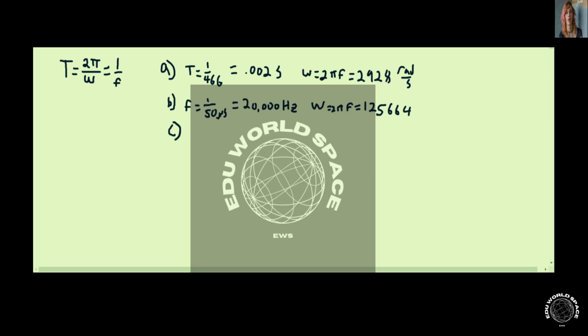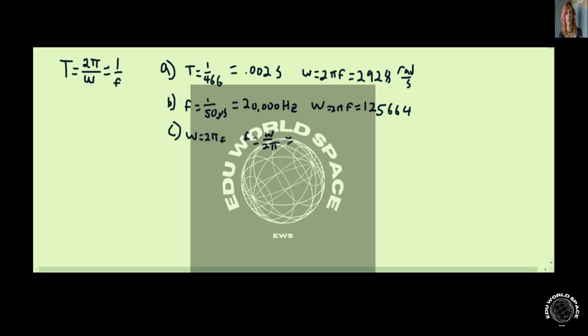Part C gives us a range of angular frequencies and asks us to find the range of periods and the range of frequencies. So we're going to have omega going from 2.7 times 10 to the 15th to 4.7 times 10 to the 15th. So we're going to look at what the frequency is in this case. To get from angular frequency to frequency, we know omega is equal to 2 pi f, which means that the frequency is equal to omega over 2 pi.